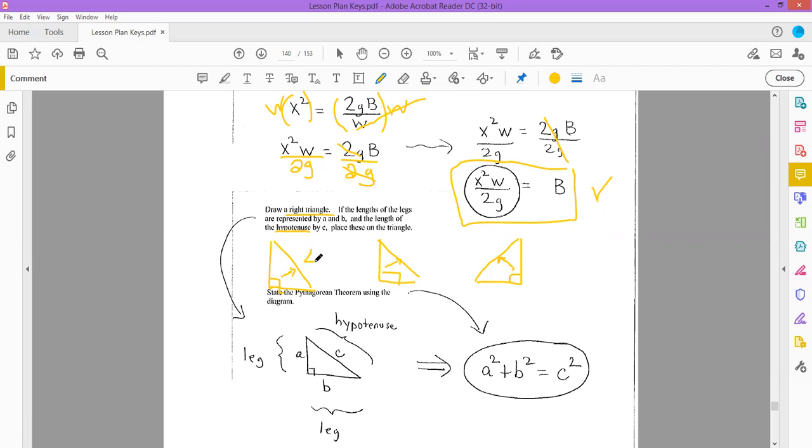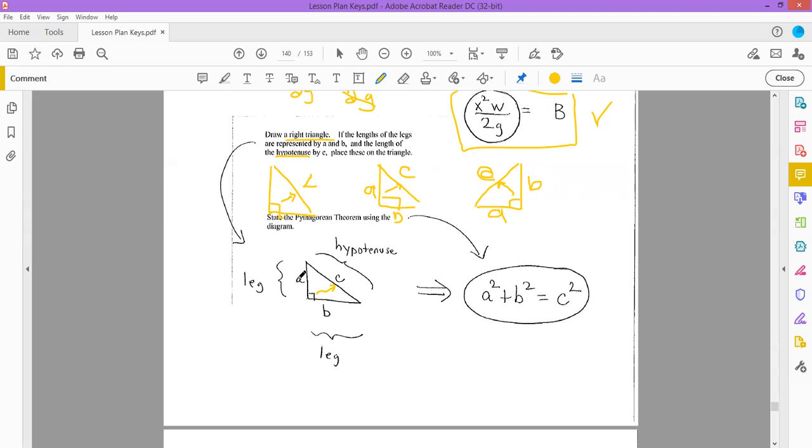That's the side that you should label with letter C. After you label the hypotenuse, then the other two legs, it doesn't matter which ones you choose, are going to be A and B. So you should have a right angle, and then directly across from that right angle, you'll place C for the hypotenuse. You'll place the letters A and B on the other legs.